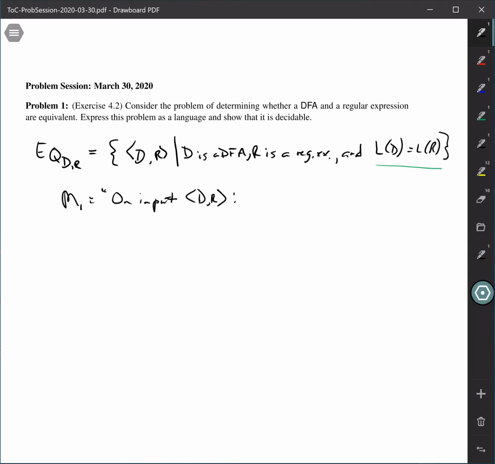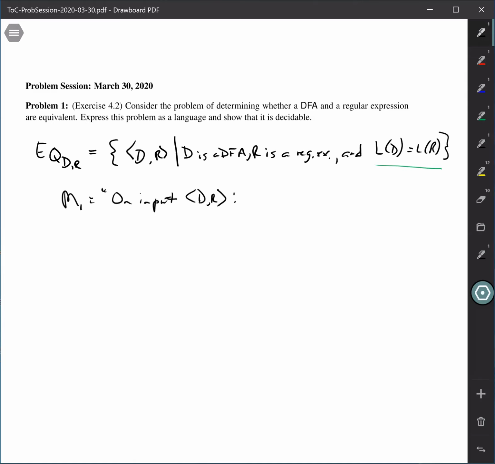But we don't have two DFAs to compare, right? We have a DFA and a regular expression. So how do we solve that problem? Good, right.